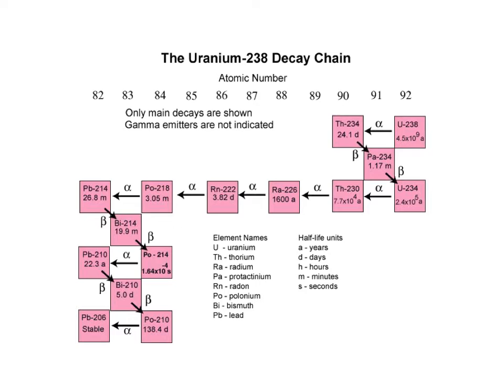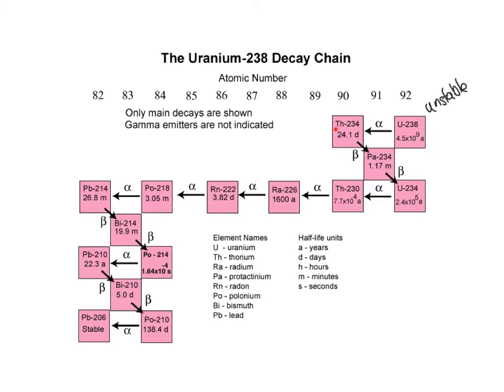So here's a great example of a decay series. We're going to start out with our very unstable nucleus, and in this case that's going to be uranium 238. It's going to go through alpha decay to become this, then beta, beta, alpha, alpha.